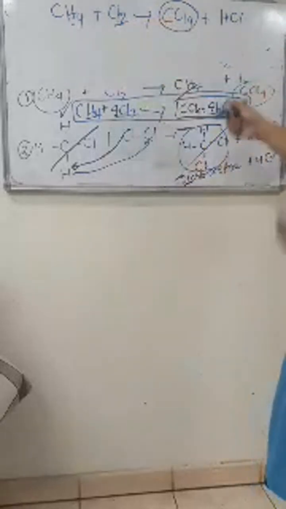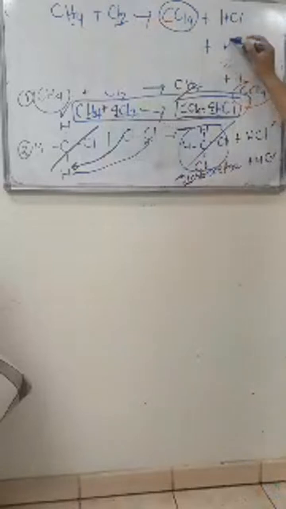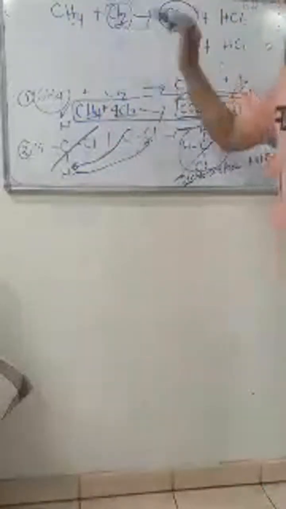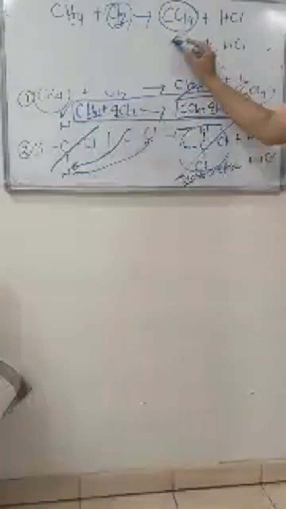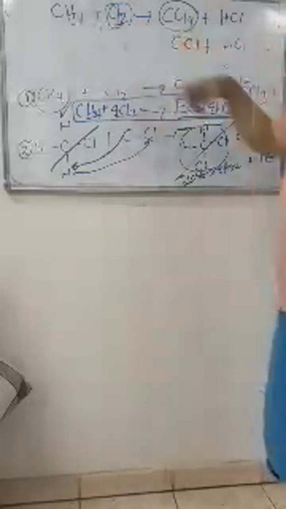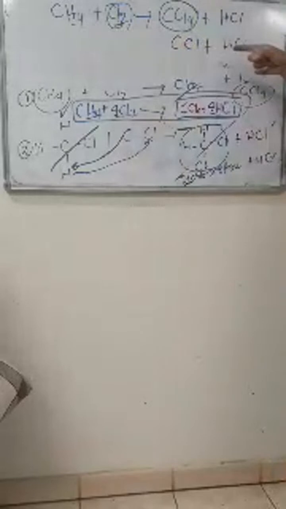Let's say HCl takes away the first Cl of this Cl2 gas. So there's still another Cl here, and there's carbon here. CCl, supposedly, in your analysis. And there's 4 hydrogen, so it's easy to balance it.